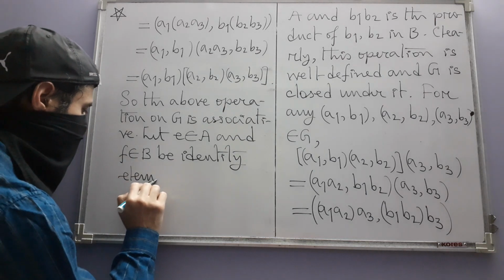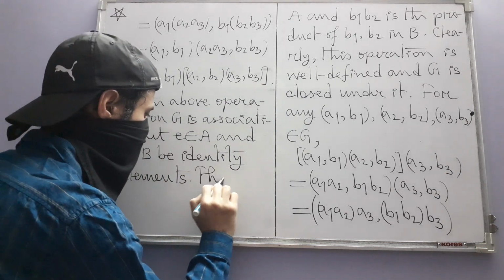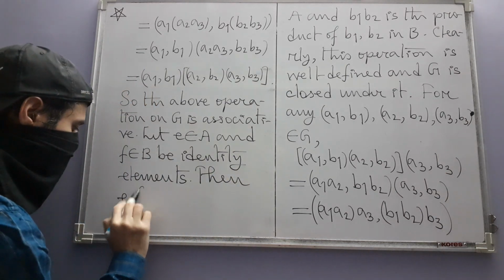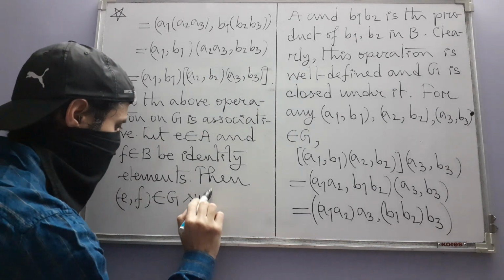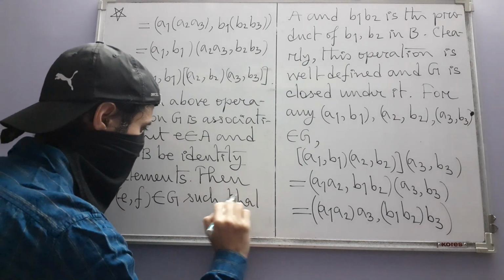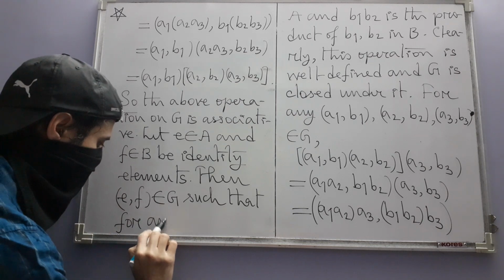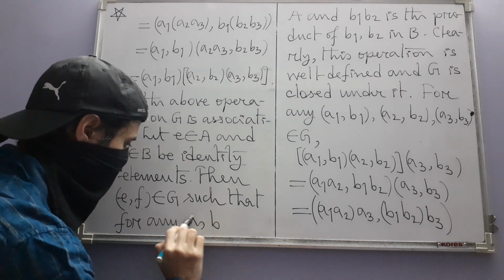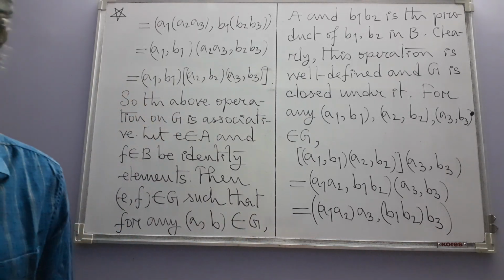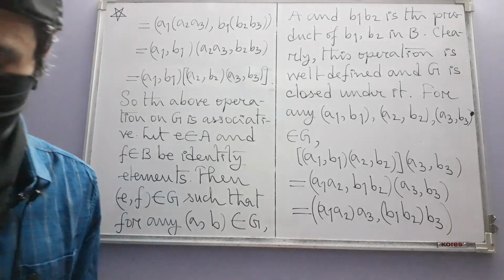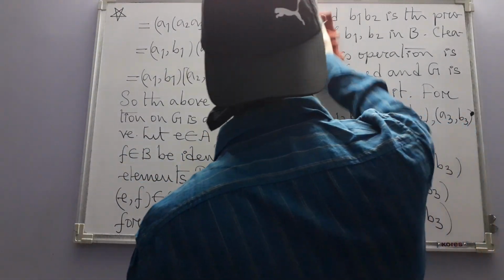Identity elements. Then this ordered pair E comma F belongs to G such that for any element A comma B in G, we are going to see that this E comma F is going to behave like an identity, which almost you can see immediately.